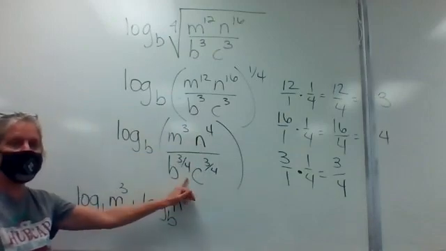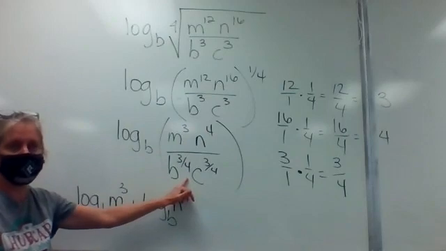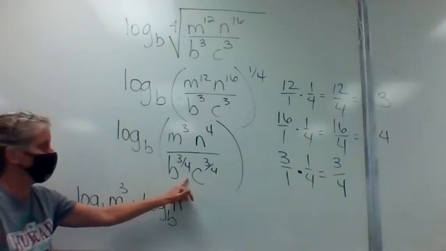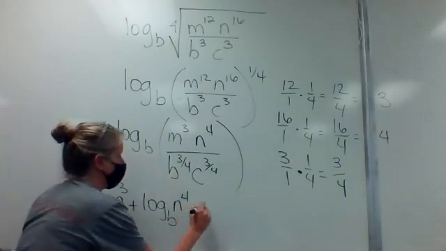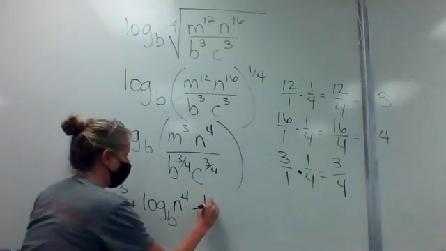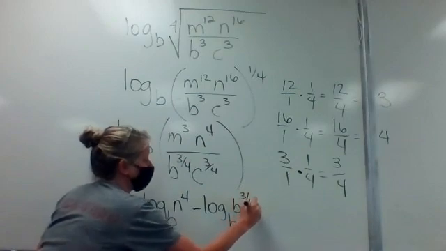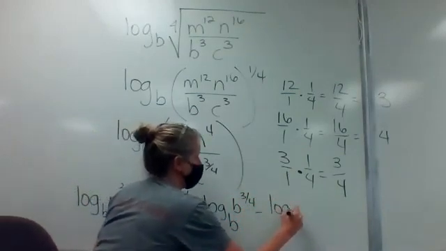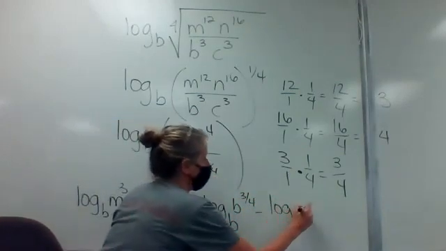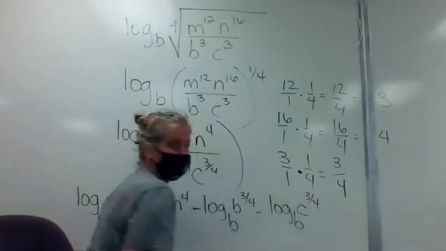Then the ones in the denominator are going to be your minus: minus log base b of b to the 3/4, minus log base b of c to the 3/4.